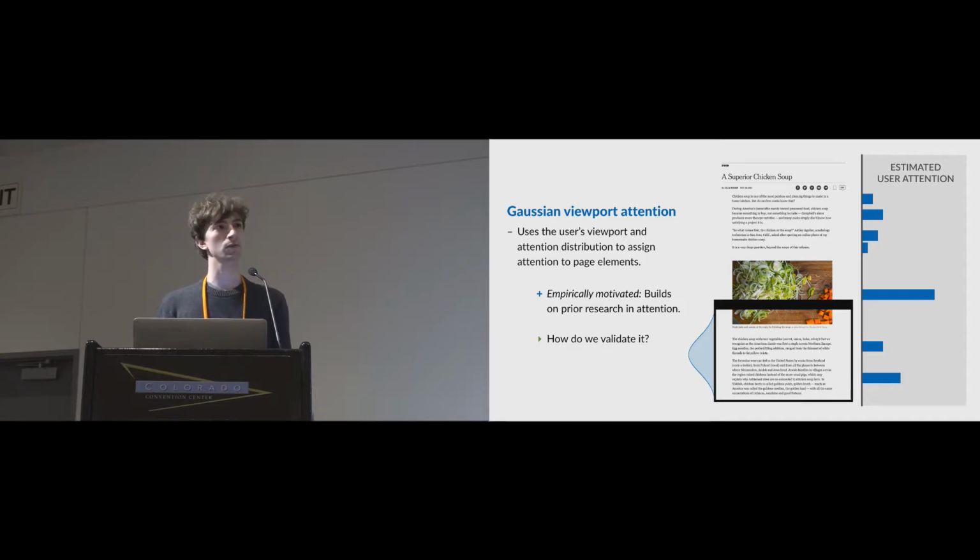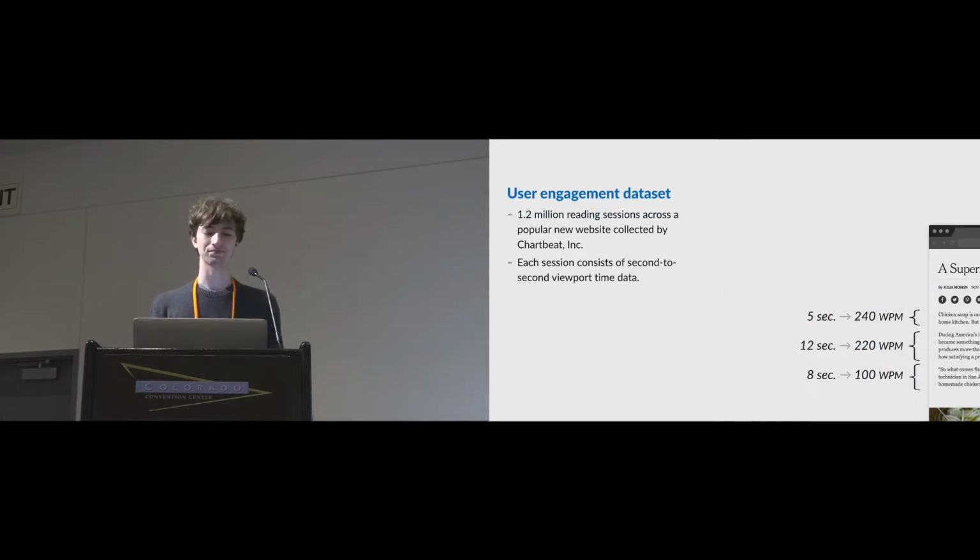We call this the Gaussian viewport attention model. I like this model. It's empirically motivated. It builds on prior research, but does it work? That's the important question. Can we generalize from this eye tracking data and these small-scale lab studies to many users, millions of users? How do we validate it?